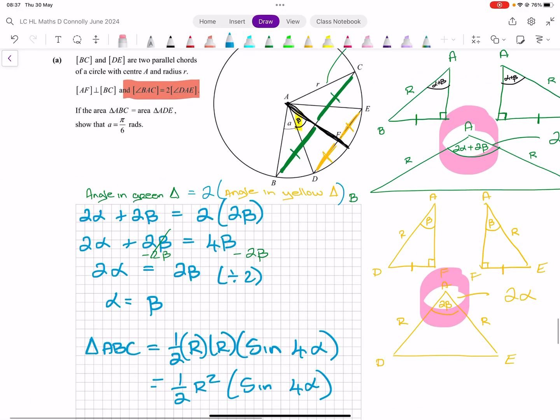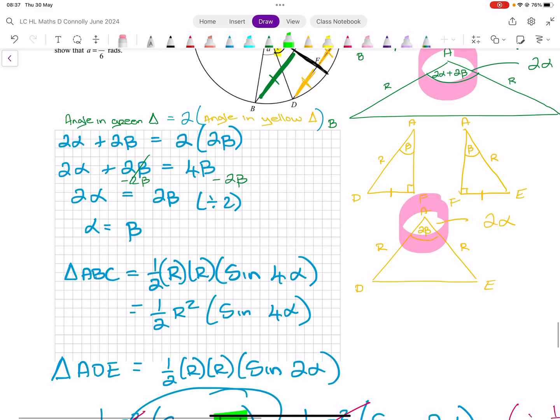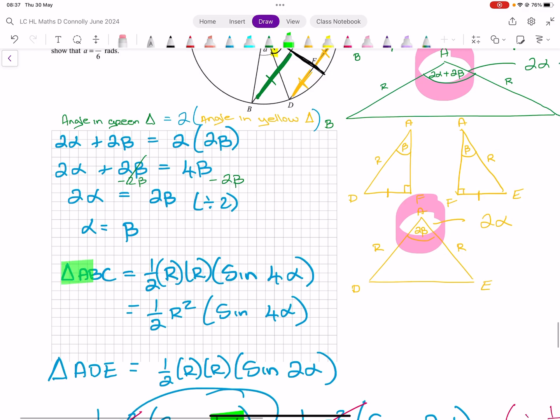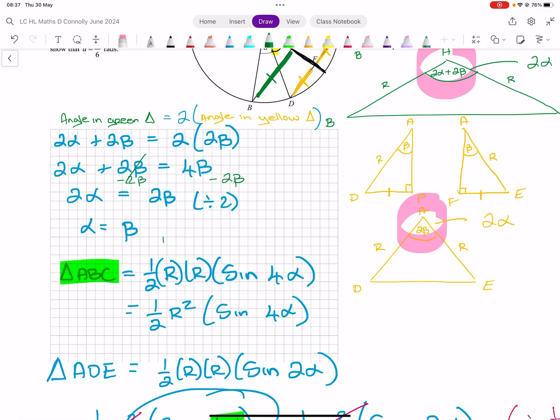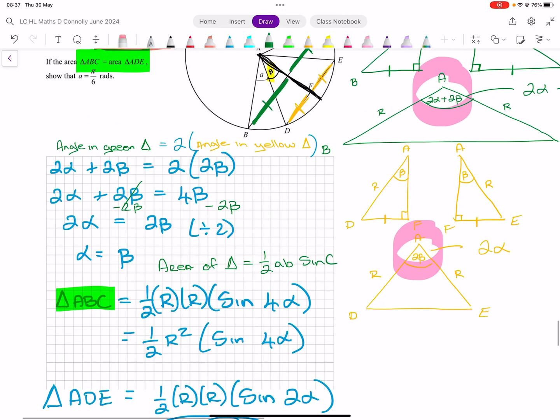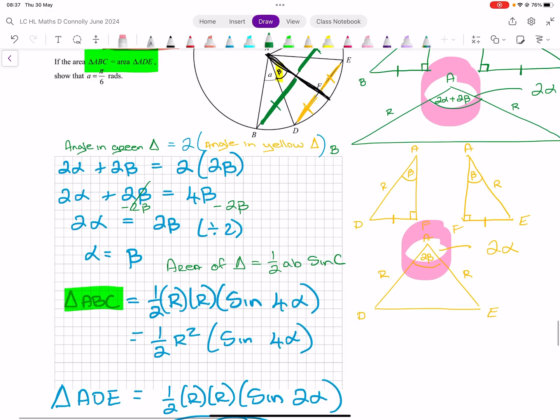So then I used this piece of information, that the areas were the same. So I got the area of triangle ABC. I'm using the trig formula. The area of a triangle is a half AB sine C, where C has to be the angle in between A and B. So that's a half r squared times the sine of 4 alpha for the green triangle.